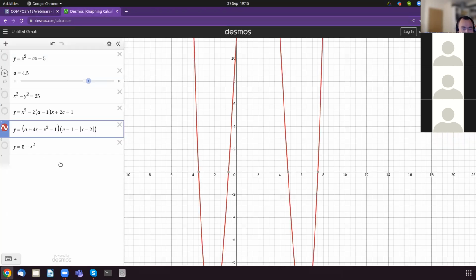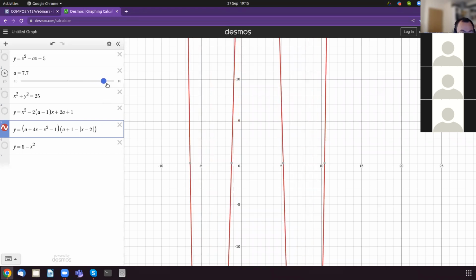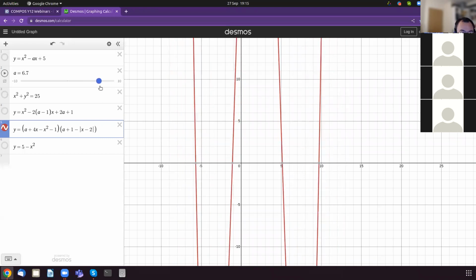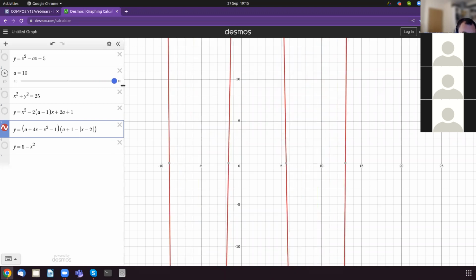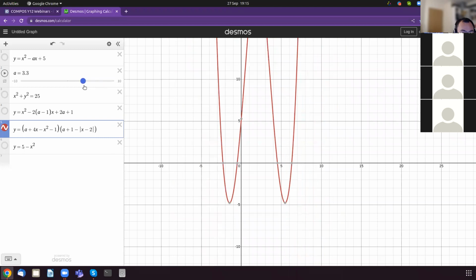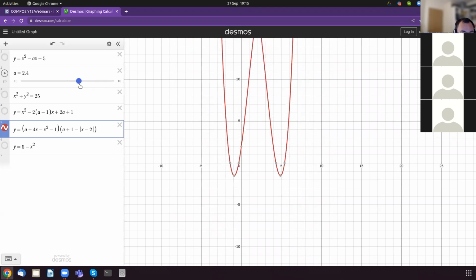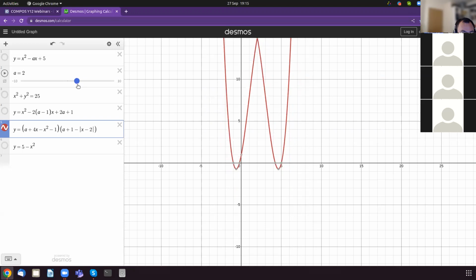Okay. And we change a. Right now it has four roots. Keep increasing. It looks like it's going to have 4 roots. So we're looking for something interesting to happen. So we reduce a until we get, well, that's still 4.